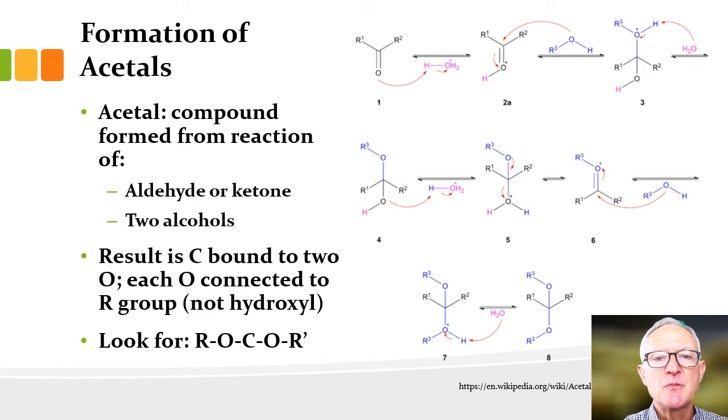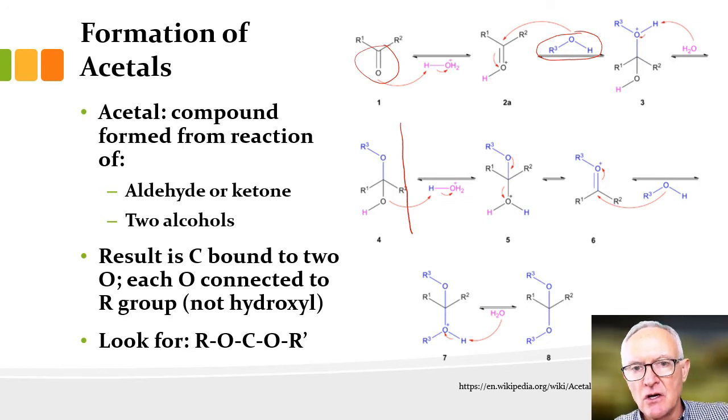We looked at this picture here on this page, right up to this point here. We reacted one alcohol, which I'm circling now, with one carbonyl. Now we're going to add a second alcohol. The way this mechanism is written, it starts again with protonating this group here.